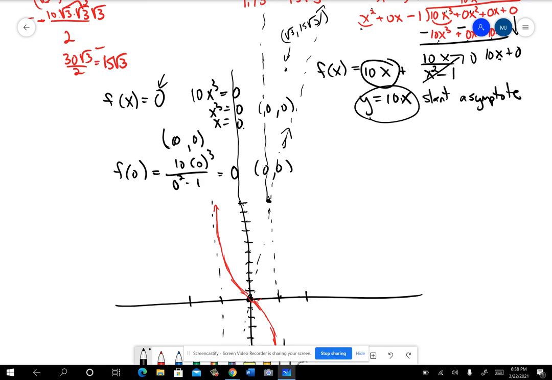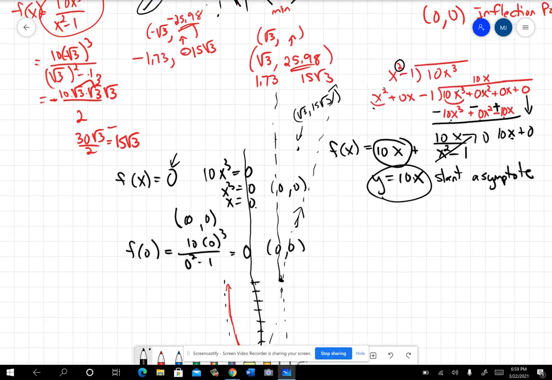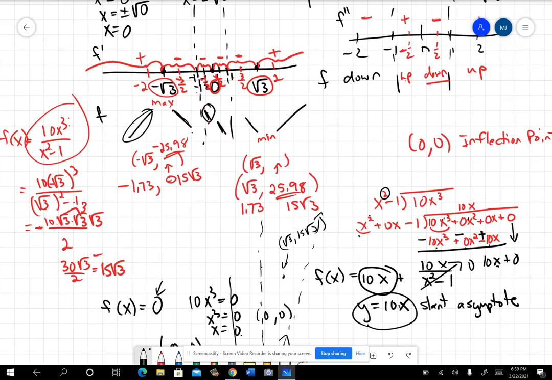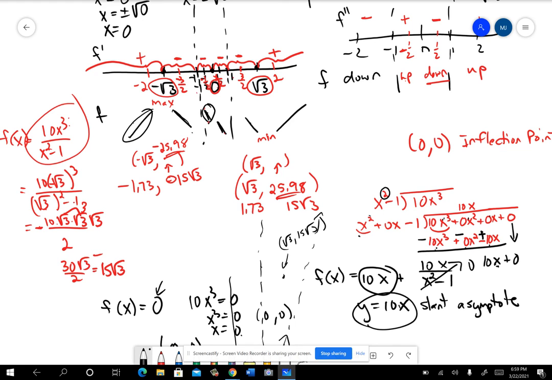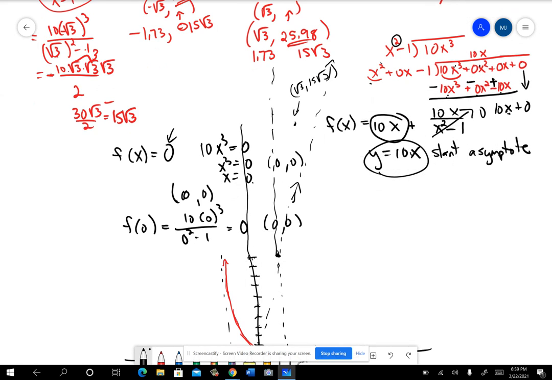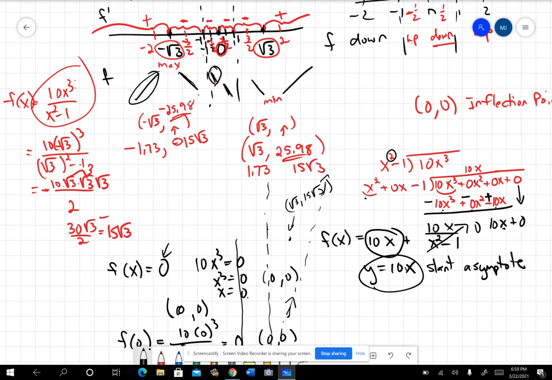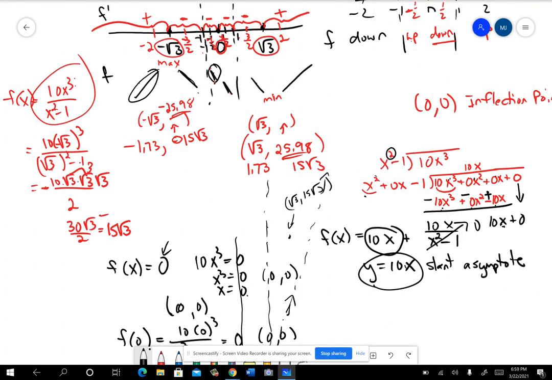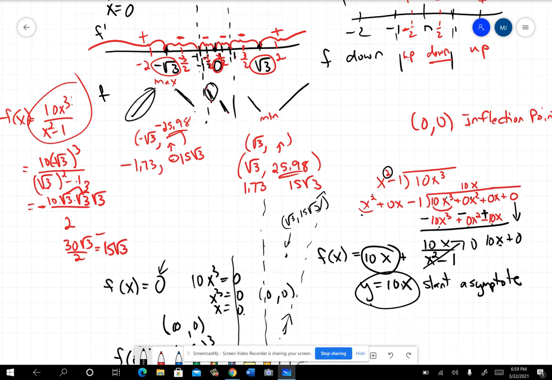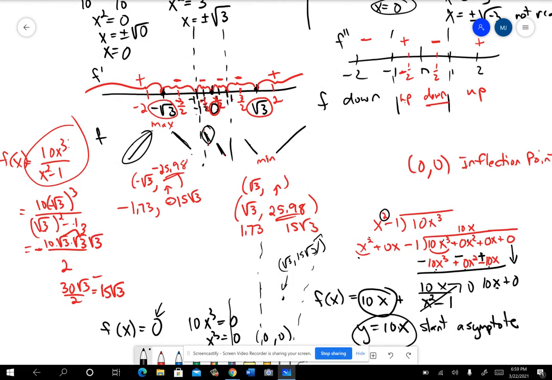On this part, when you're to the right of 1, we're going to go from 1 to the square root of 3. We have to be decreasing, and then from square root of 3 on, increasing. And from 1 all the way over, it's going to be up.